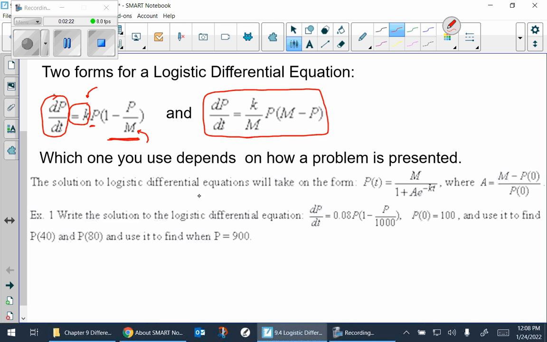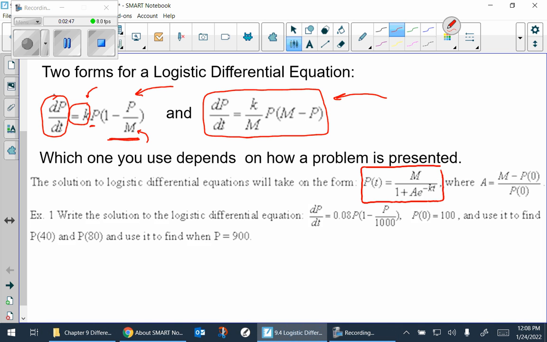The solution to the logistic differential equation will take the form, before we do an example, we don't have to separate and integrate a logistic differential equation. The solution, we want to find the population at any time.